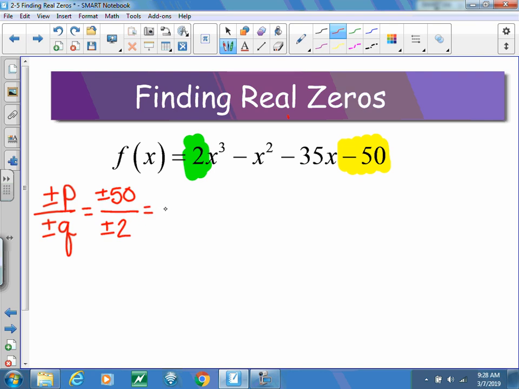So I'm going to come up with all my different combinations. We're going to have a lot more in this one. So I have plus or minus 1, plus or minus 2, plus or minus 5, plus or minus 10, plus or minus 25, and plus or minus 50.